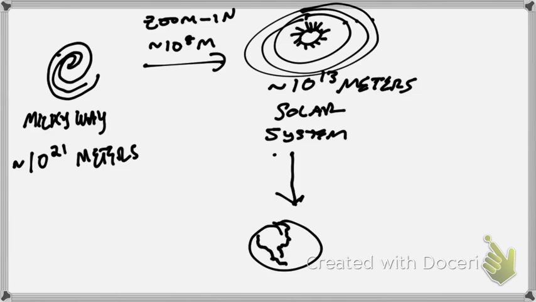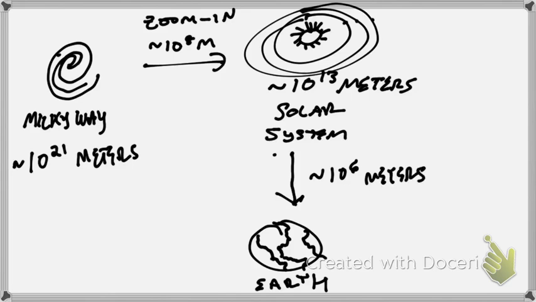So there's North America, all right, South America, all right? So let's just say this is planet Earth, all right? Earth. All right, and let's just say now we zoomed in about 10 to the 6th meters, all right? And now we are at about 10 to the 7 meters, all right?